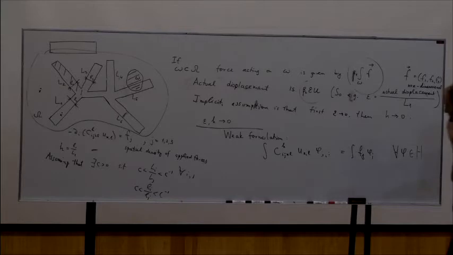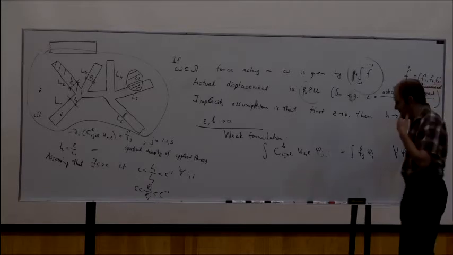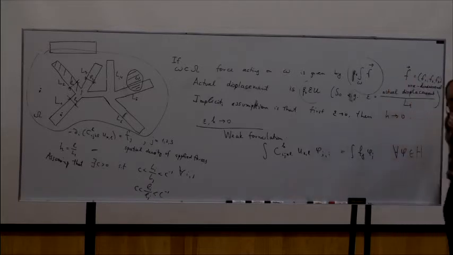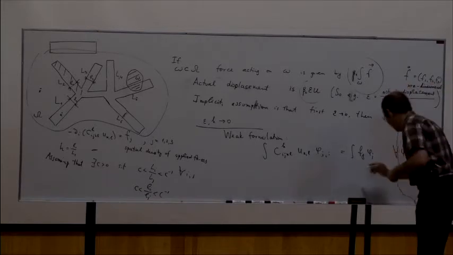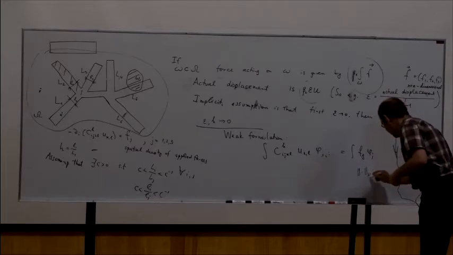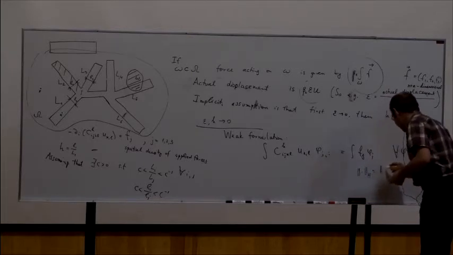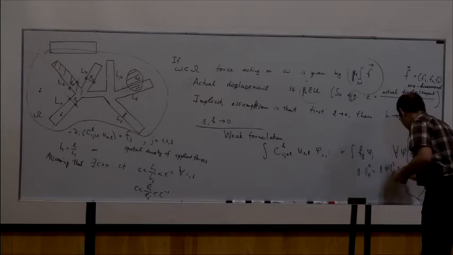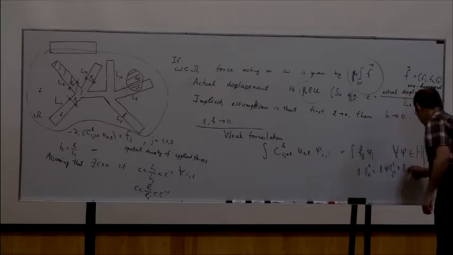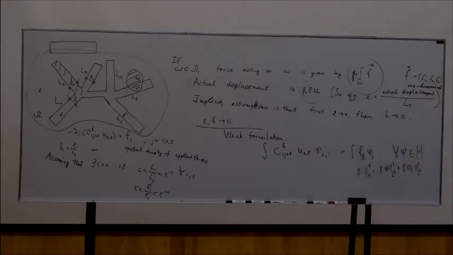I'm a bit ambivalent about starting to talk about Sobolev spaces now, but that's essentially it, and it's all you need to understand how it works. So the norm in the space H is the norm of the function plus the norm of the gradient in L2.